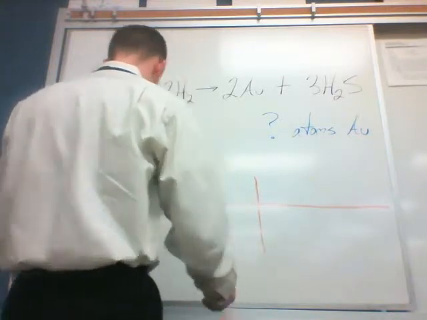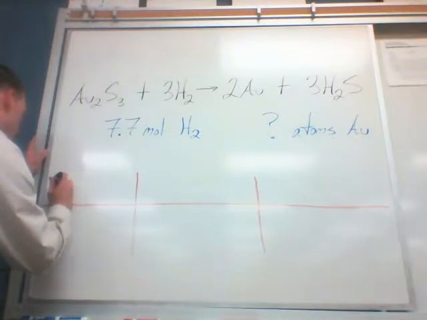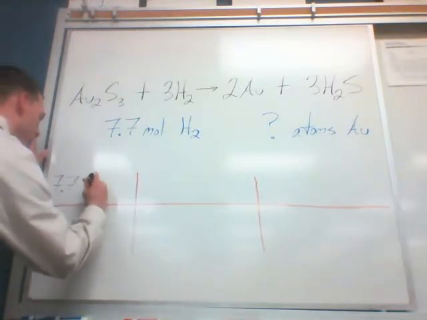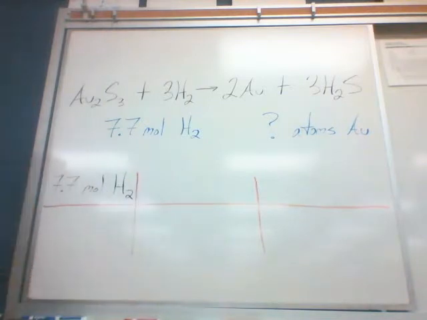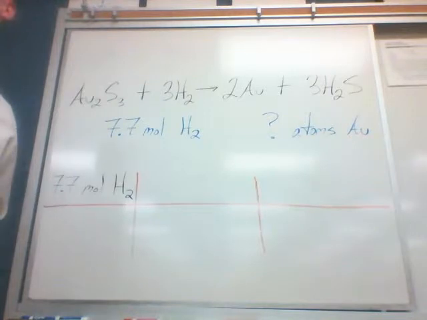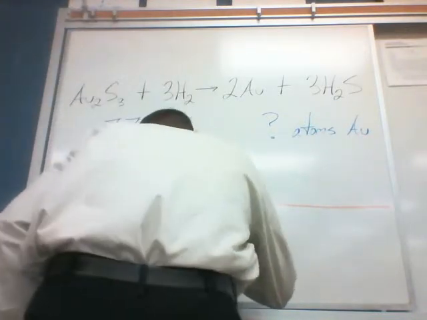I know that my given expression always goes right here. So I'm going to start right away with 7.7 moles of hydrogen. I also know that whatever letters are here will automatically go down here.